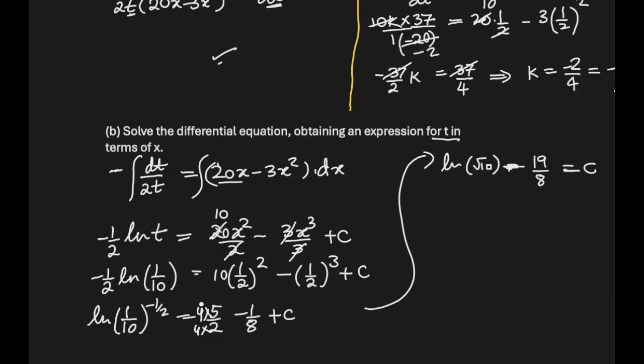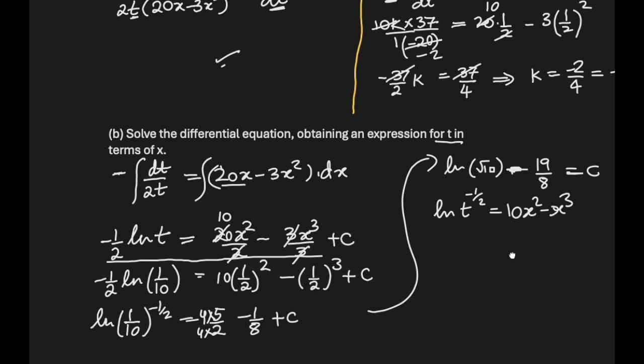All right, so let's put this here and we get it here. So this was our equation, right? So natural log t to the power minus half, yeah, that's what it will become, equal to 10x square minus x cube.